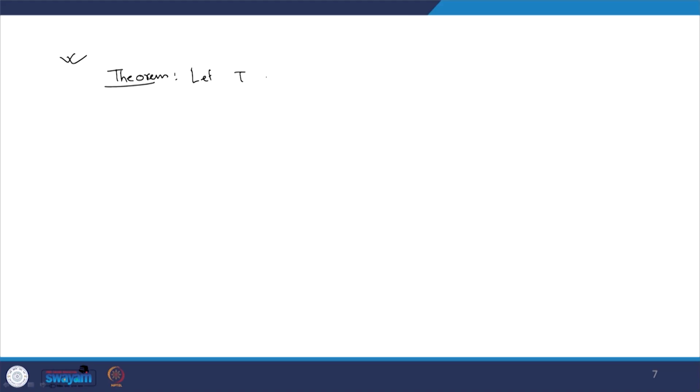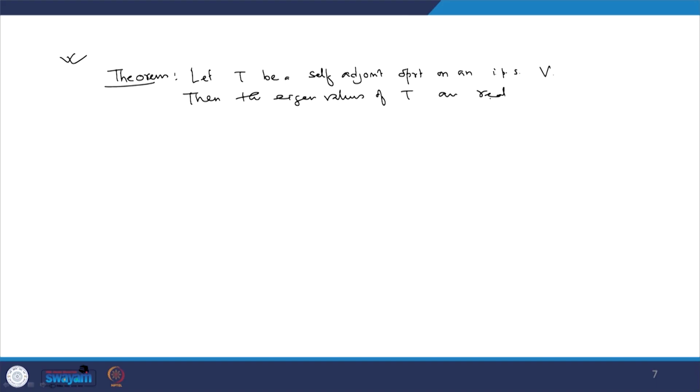Let T be a self adjoint operator on an inner product space, say capital V. Then first, the eigenvalues of T are real.